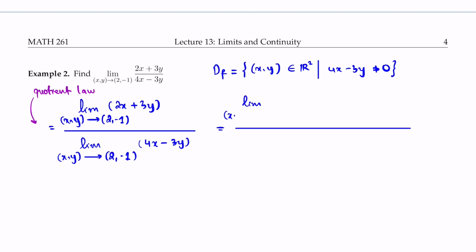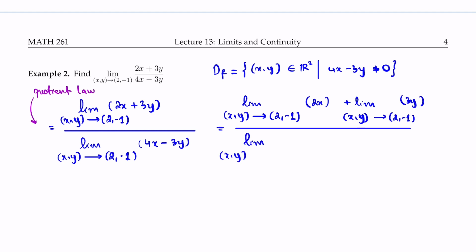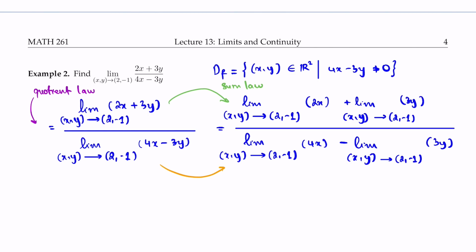The limit as (x, y) approaches (2, -1) of 2x, plus the limit of 3y as (x, y) approaches (2, -1). And then in the denominator, you have the limit as (x, y) approaches (2, -1) of 4x minus the limit as (x, y) approaches (2, -1) of 3y. So on the numerator, I actually apply the sum law, and in the denominator, I apply the difference law.